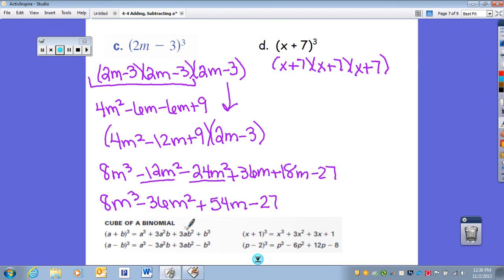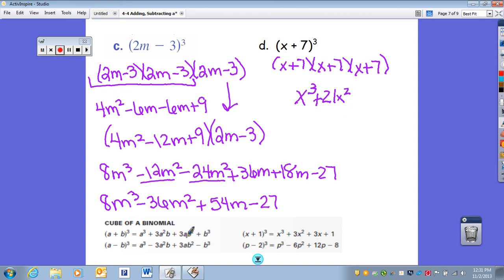Or if you'd like to use the pattern a plus b, the quantity cubed, the first thing you're going to do is cube the a, which is going to be x cubed. Then take a squared, which in our case is x squared, times b is 7, and multiply that by 3, and that gives us 21x squared.